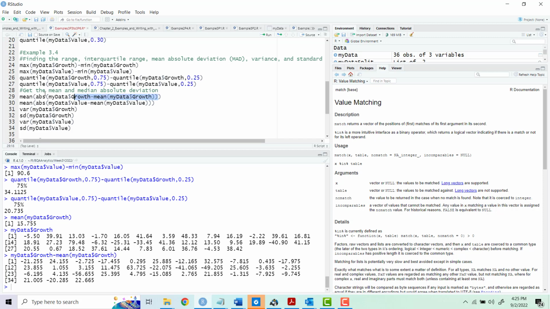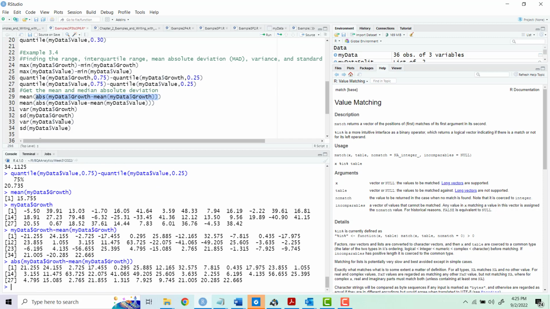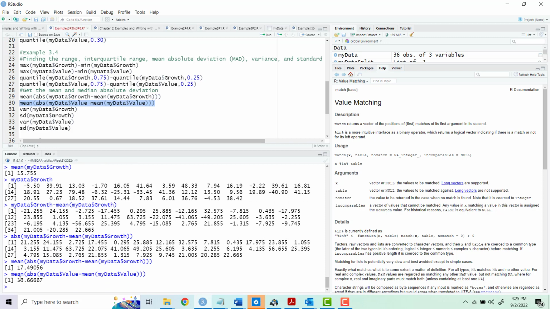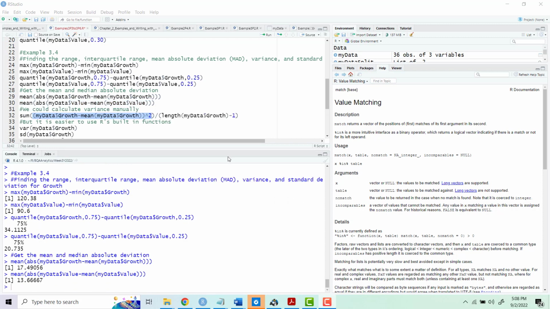Then we take the absolute value of these, and calculate the mean value, or we could even do the sum. For growth we get 17.49, and for value we get 13.67.